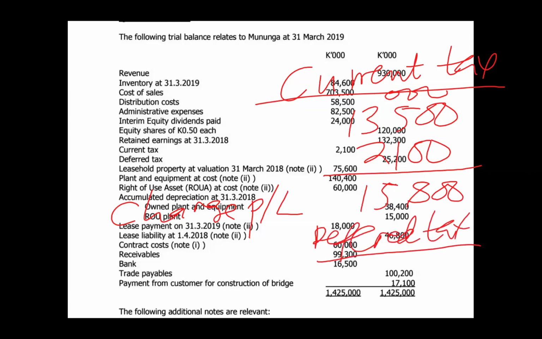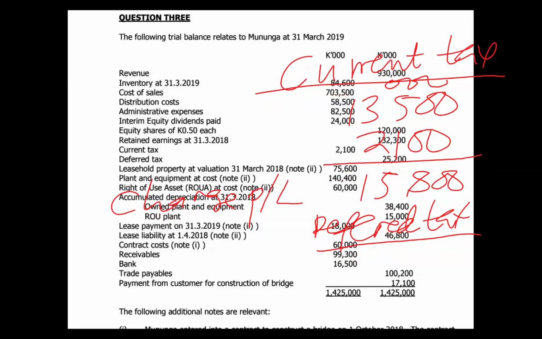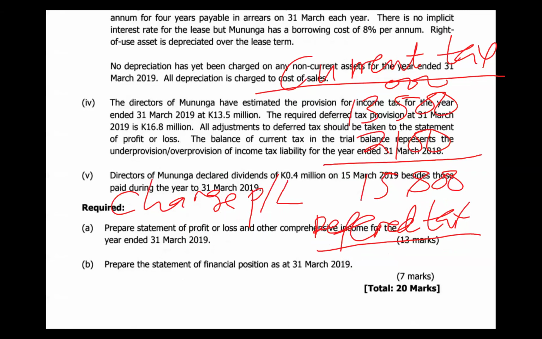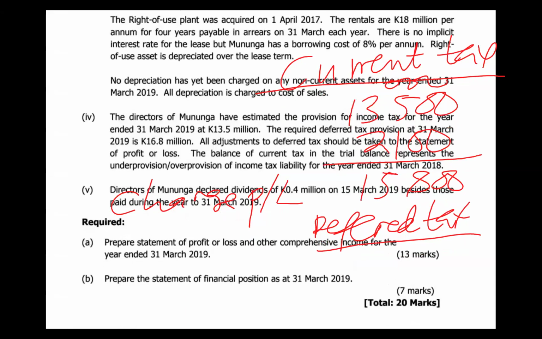Getting back to the same additional information note, what does it say? The same note continues, says the required deferred tax provision at the closing of the period, being 31st March 2019, is 16.8 million.